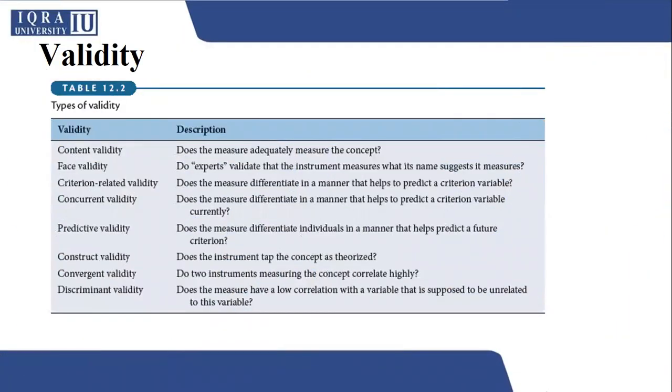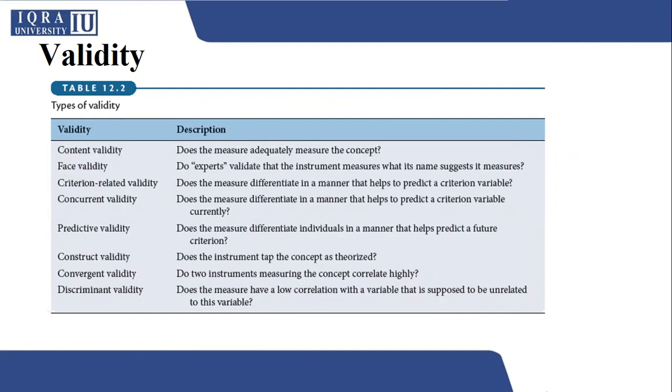This is the description of types of validity. First is content validity. It says, does the measure adequately measure the concept? Face validity. Do experts validate that the instrument measures what its name suggests it measures? Criterion-related validity means, does the measure differentiate in a manner that helps to predict a criterion variable? Concurrent validity. It means, does the measure differentiate in a manner that helps to predict a criterion variable currently?